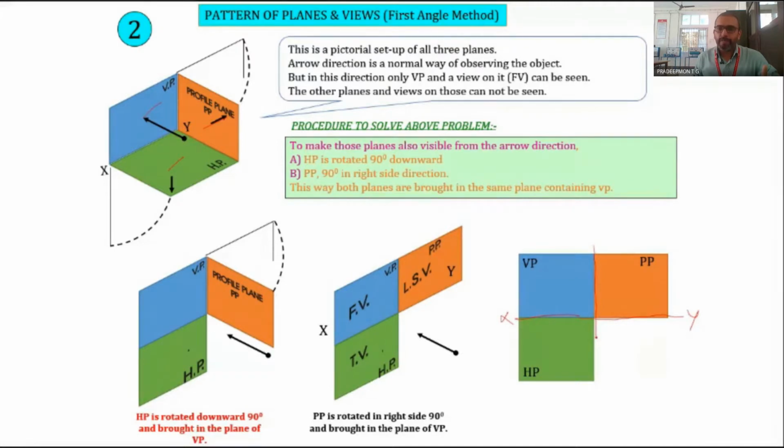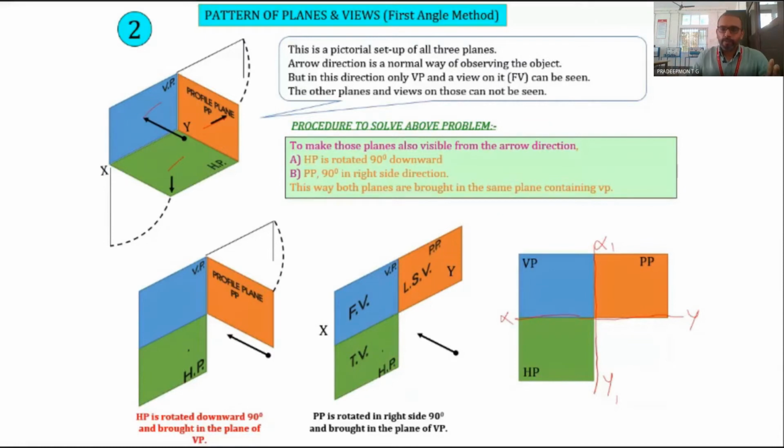So this is X1, Y1. This line is drawn whenever we need a side view. We draw a vertical line perpendicular to the XY line, and we name it X1, Y1. This line differentiates between the vertical plane and the profile plane.